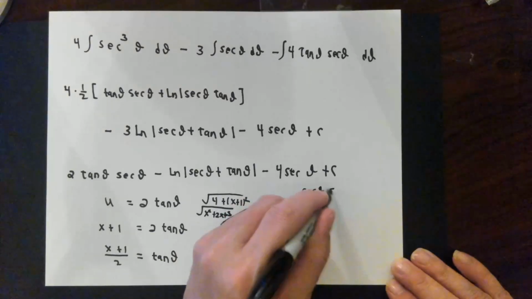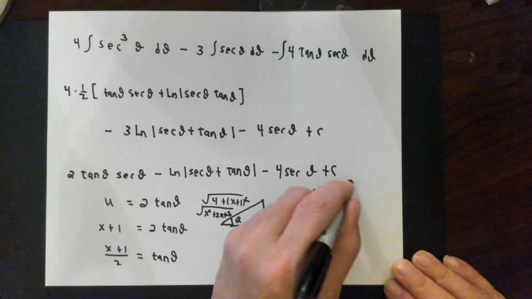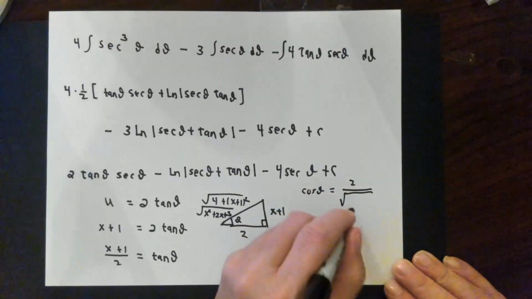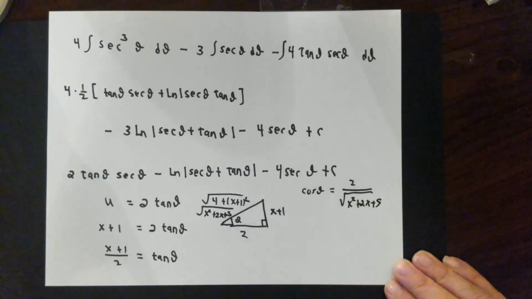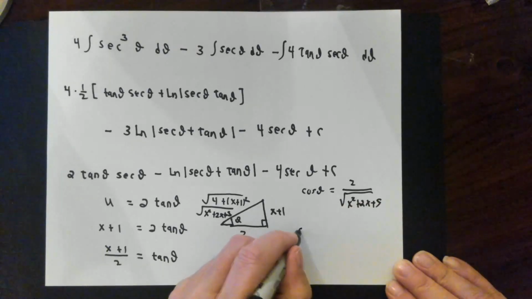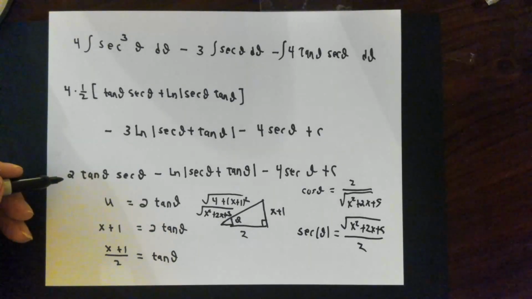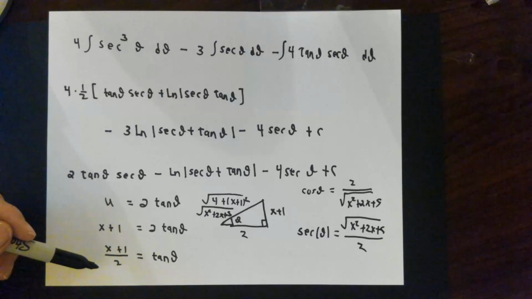Cosine theta is adjacent divided by hypotenuse. Secant theta is the reciprocal of that. And if you wanted to be literal about this, in this result, every place you see a factor of tangent theta, write x plus 1 over 2 down instead.